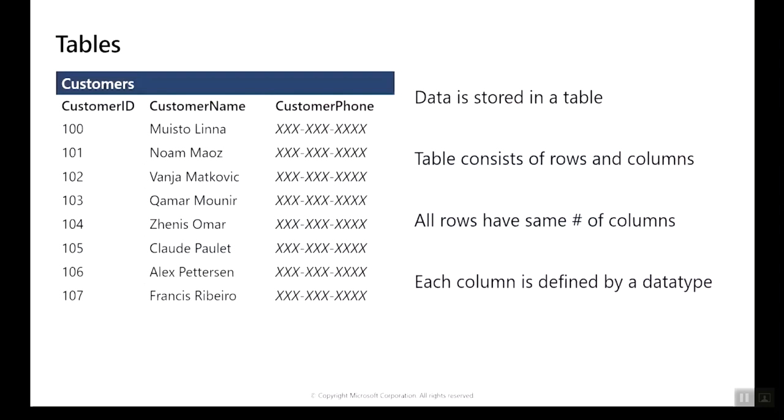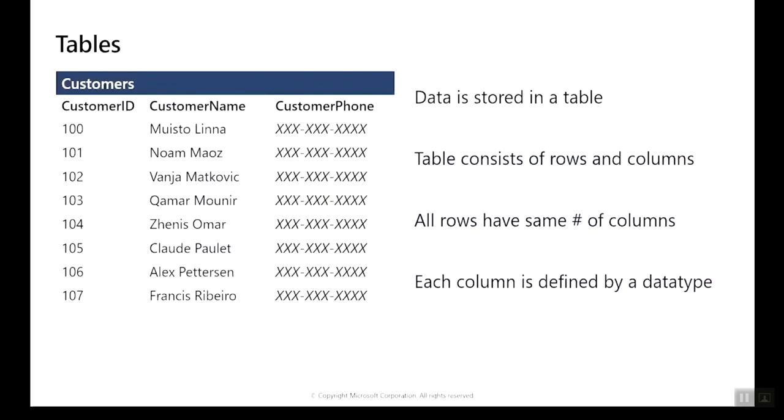For example, an e-commerce system might use a database to record information about the products that this particular e-commerce site or organization might sell, as well as some of the details of their customers and the orders that they've placed. And so we have a customers table here which stores the customer ID, the customer name, and the customer phone number.